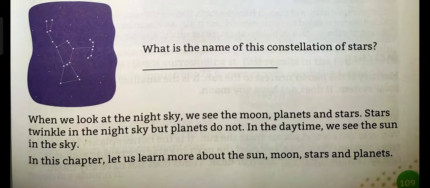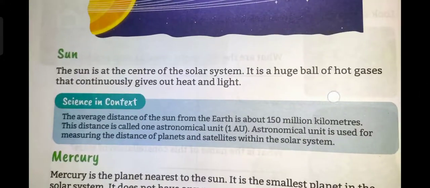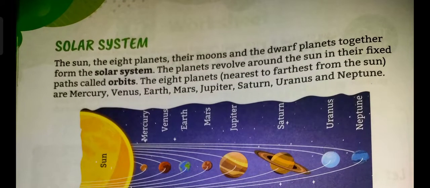Okay, so let's start. The first topic is our solar system. We all know that sun and our 8 planets form our solar system, but there are some dwarf planets also.